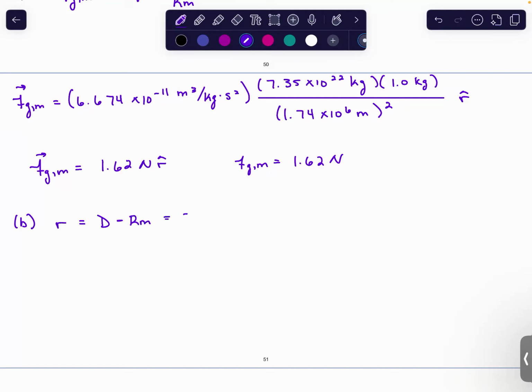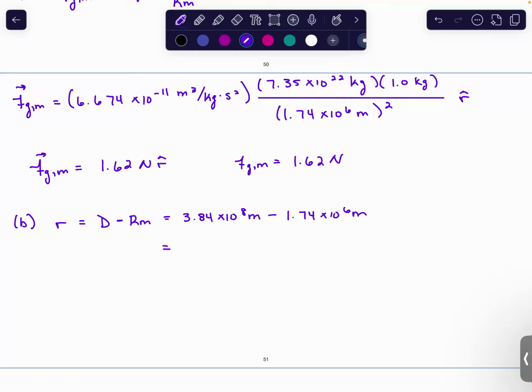And so that's going to be 3.84 times 10 to the 8th meters minus 1.74 times 10 to the 6th meters.